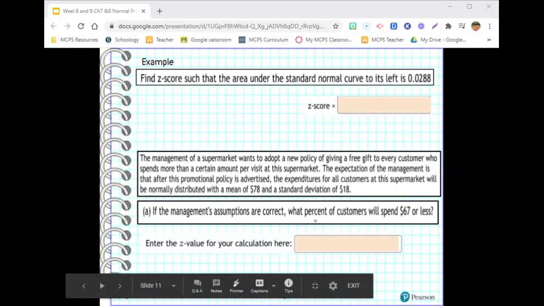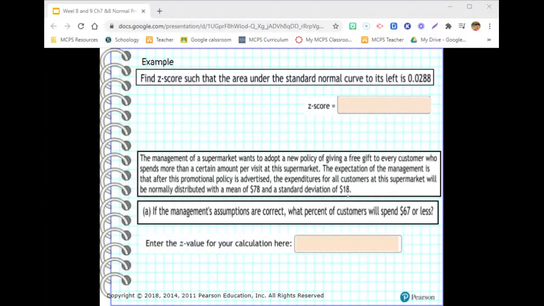I'm gonna share my whiteboard. My mean is 78, standard deviation is 18.